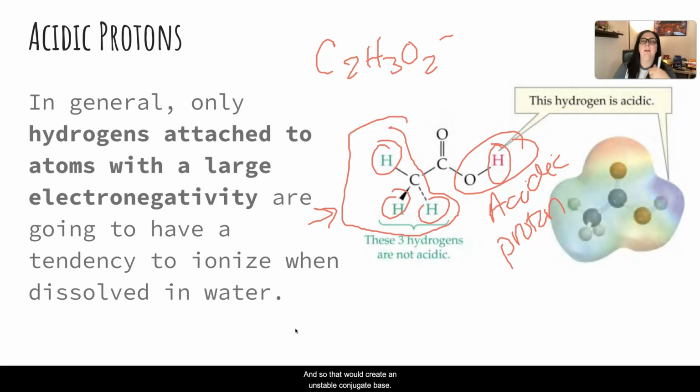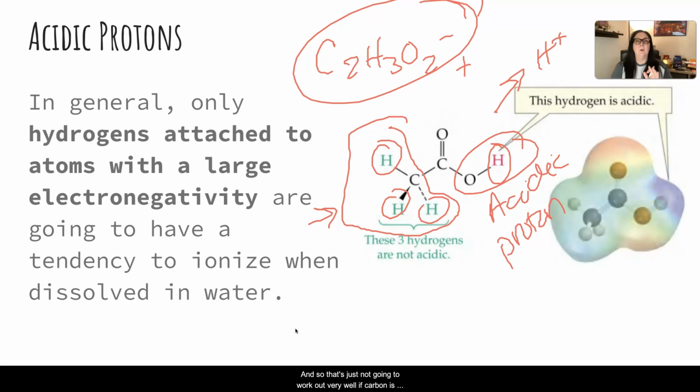And so that would create an unstable conjugate base. So when this acid donates this proton, and you get the H plus over here, this is the conjugate base. That's just not going to work out very well if carbon is the one having to maintain the negative charge. But if we lose this hydrogen over here, then that's okay because oxygen's maintaining the negative charge. And so we would say that would be a more stable conjugate base.